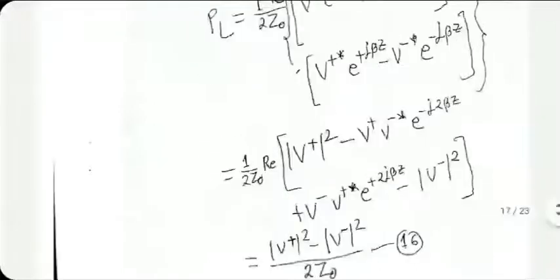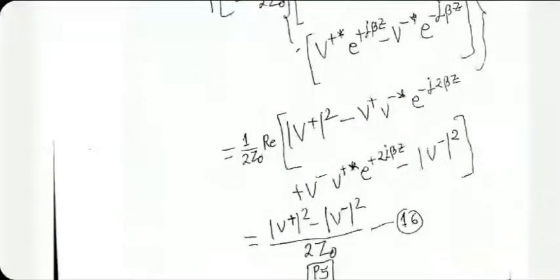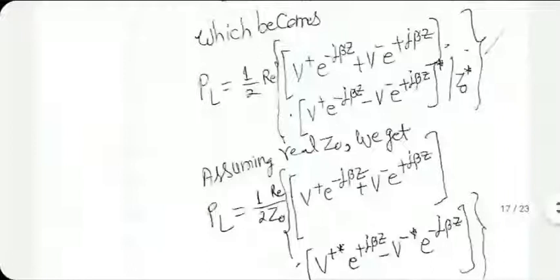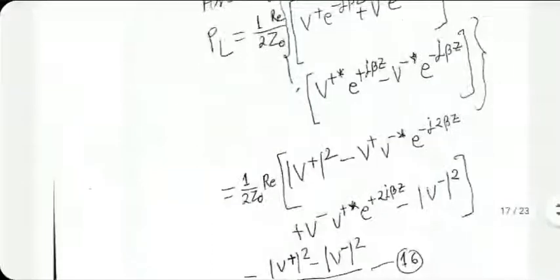And V plus multiplied by V plus complex conjugate gives you magnitude of V plus squared. And e to the power minus j beta z and e to the power plus j beta z cancel out. So the first term is a real term. And you try to multiply the last term of the first parenthesis with the last term of the second parenthesis, again you'll get a real term, which is minus magnitude of V minus square.